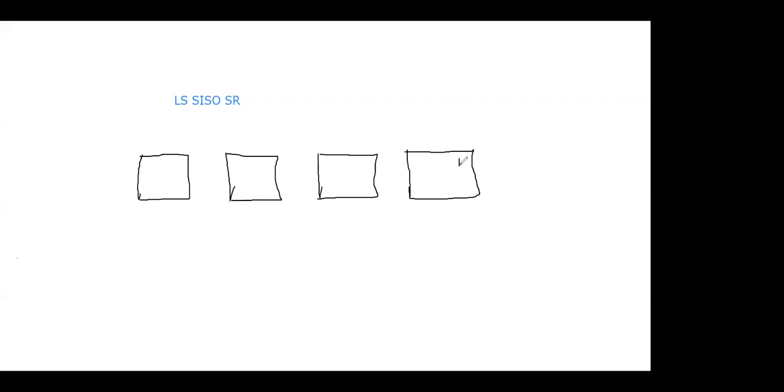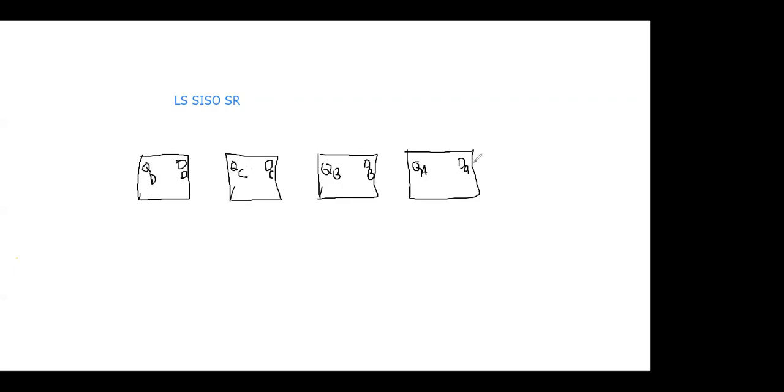So here we are applying the input. This is DA, this is QA, this is DB. That is, we are taking the circuit diagram also in the reverse order. QB, DC, QC, DD, QD.